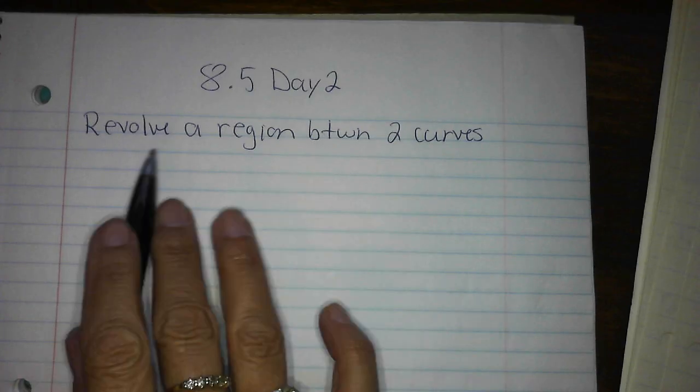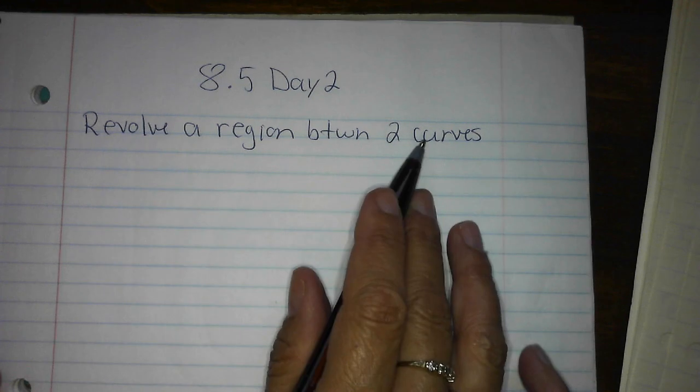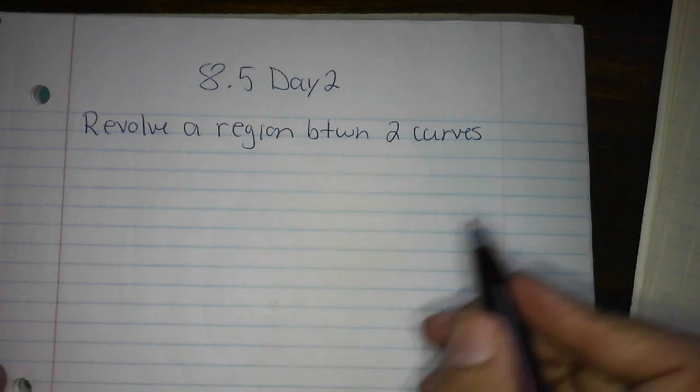Revolve that region that's between two different functions over an axis. And you're going to see this is not going to be a cylinder. So I'll do my best.